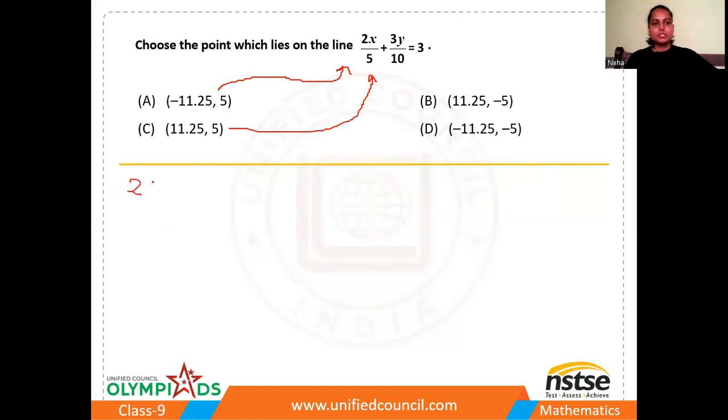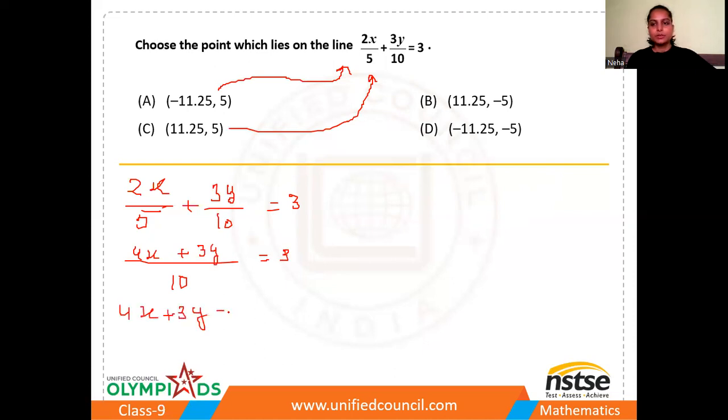So this is 2x by 5 plus 3y by 10 is equal to 3. Here 10 will be the LCM, correct? It becomes 4x plus 3y is equal to 30, correct? So now in this step, the calculation becomes quite difficult, right?